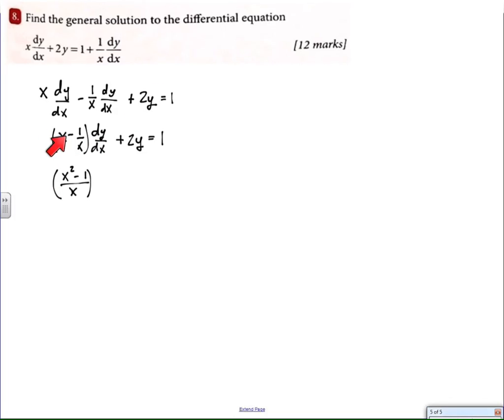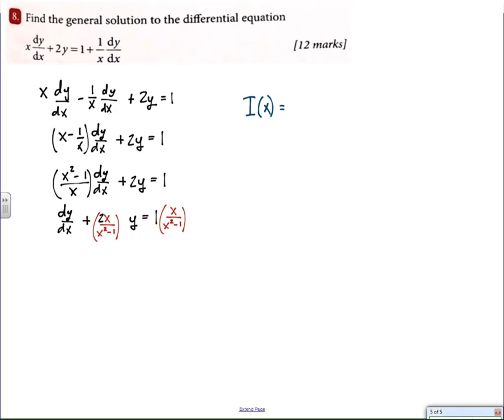I simplify x minus 1 over x as (x squared minus 1) over x. That way I can divide both sides by that term, which is like multiplying by x over (x squared minus 1). So I took the 2 that's associated with the 2y, and I multiplied it by my x over (x squared minus 1).